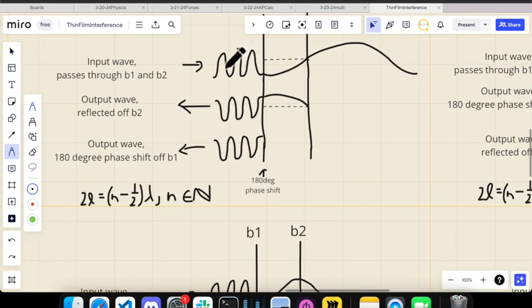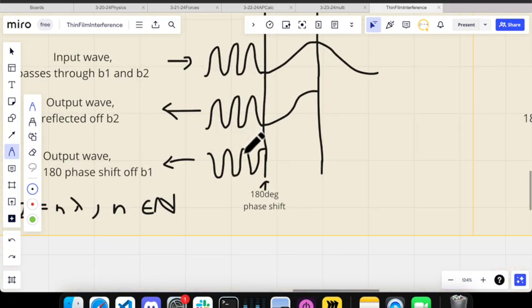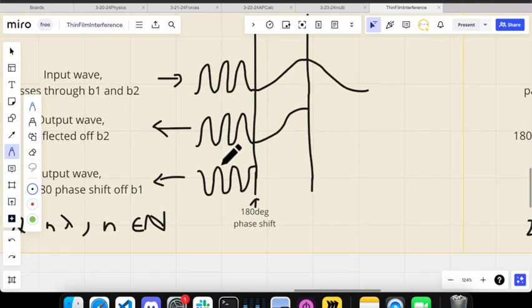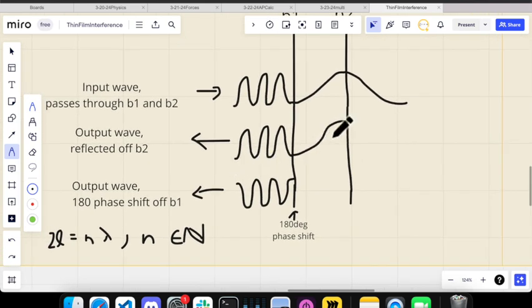So this wave reflects off the first boundary and does a 180-degree phase shift, so that's what we end up with here. We want the reflected wave off the second boundary to be 180 degrees off of this one, half a wavelength off of this one.